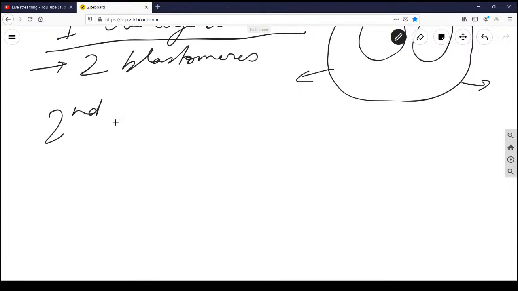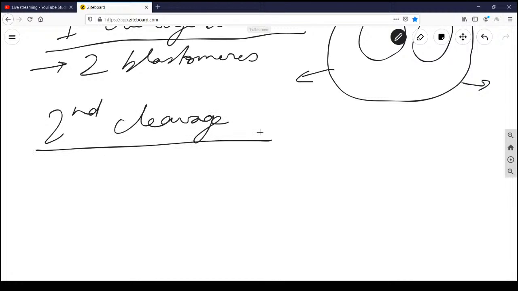Second cell division or second cleavage: here also growth has not happened, but you now have four cells. Membranes were produced in the two cell stage to surround two cells. Here they will be surrounding the four cells, but growth again has not occurred.